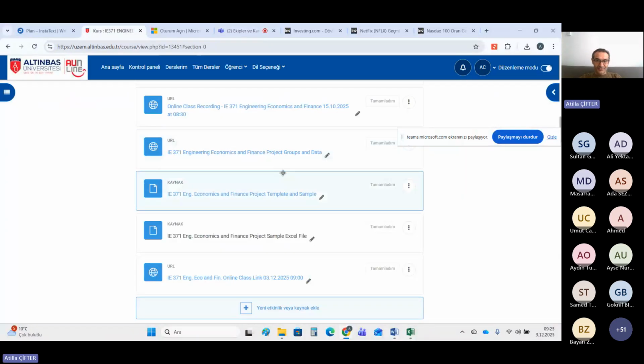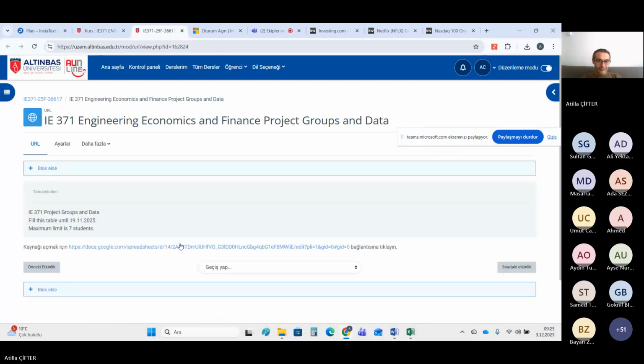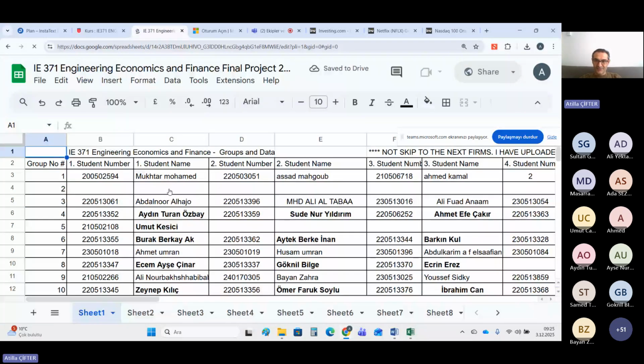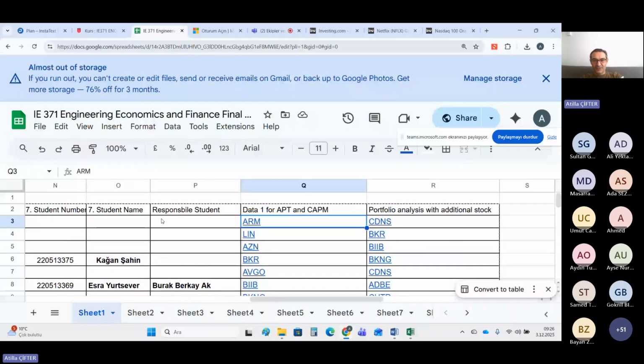So here, let me open the project groups. For instance, first group, you can see here, their stock exchange for arbitrage pricing theory and CAPM is the first variable. Portfolio analysis with additional stock is the second one.